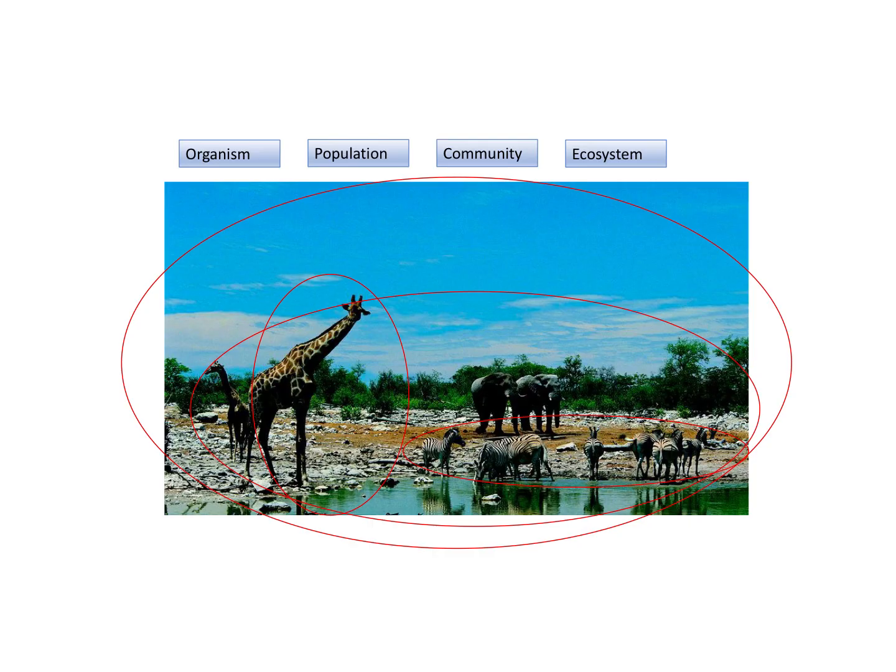All right, so if we take a look here, this is a normal diagram, but we can actually see the many levels of organization. Here we have the giraffe, and that is our organism. But we can also see that there are other giraffes within the given area. So this right here is going to be the population.